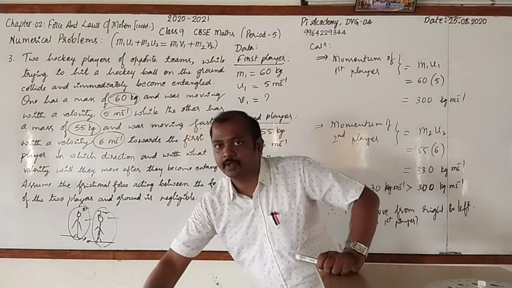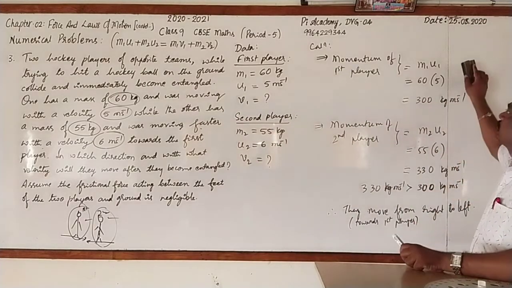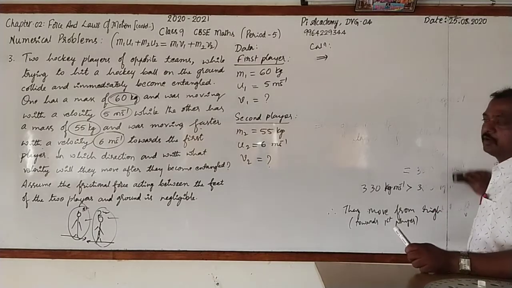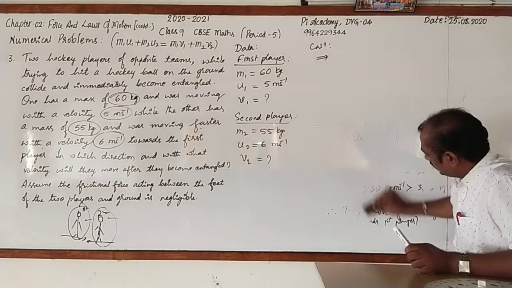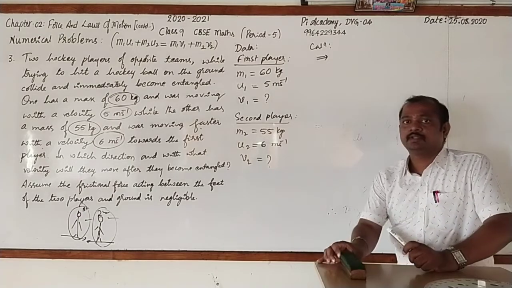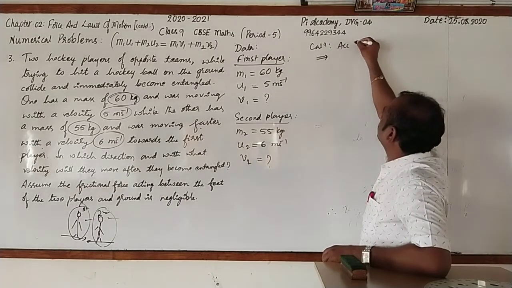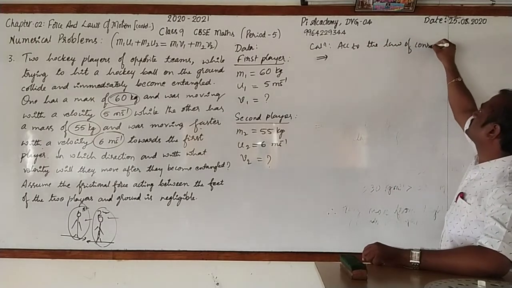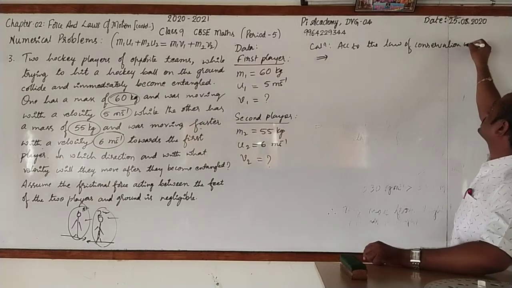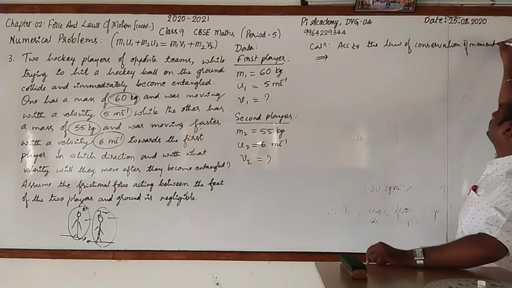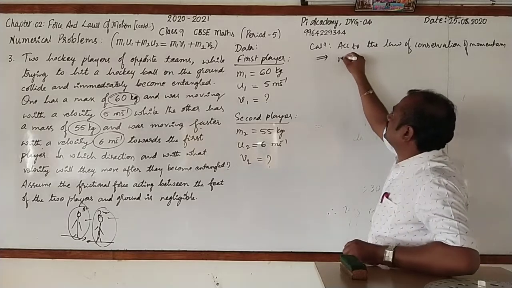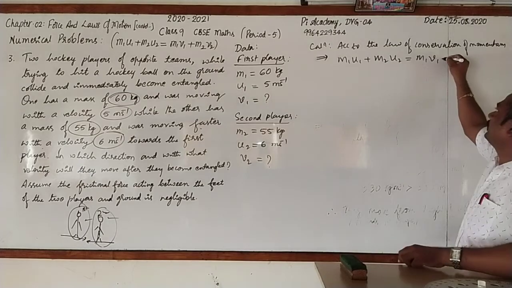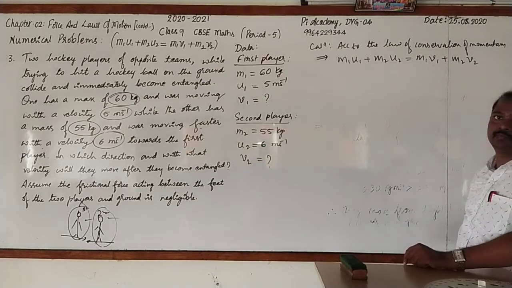Now we will go for finding the velocity with which they move together. For that we have to use the law of conservation of momentum. What is the statement according to it? Here I'll write. According to the law of conservation of momentum, it is m1u1 plus m2u2 is equal to m1v1 plus m2v2.